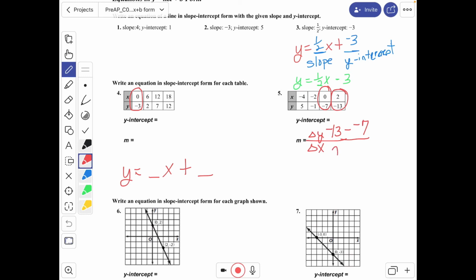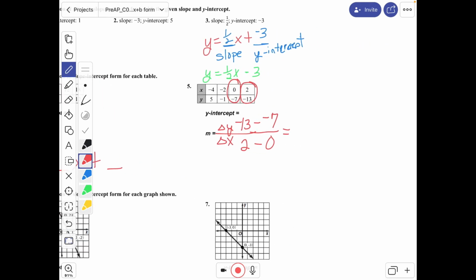The x that went with -13 is 2, and the x that went with -7 is 0. Then we have to remember those rules for integers. Keep, change, opposite. That makes my top number -13 plus a +7. Different signs, we subtract, so that's -6 over 2, which is -3.